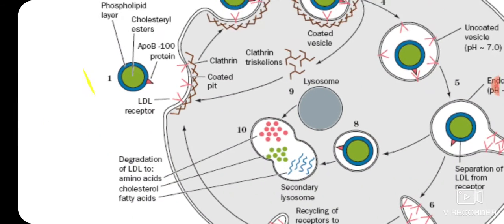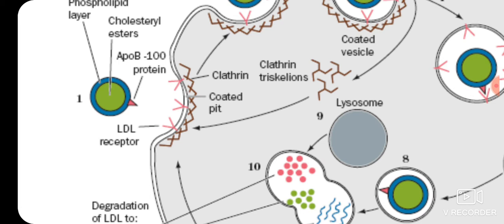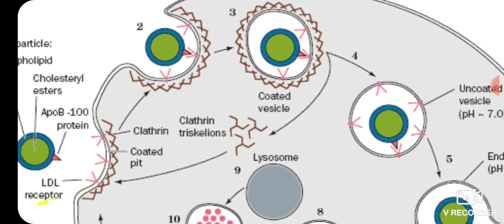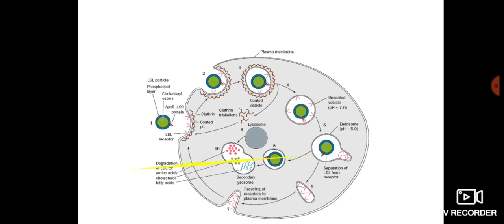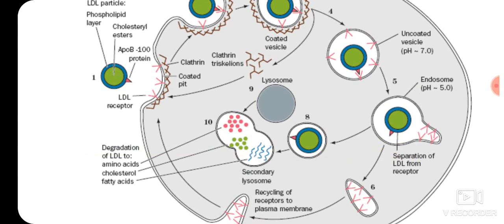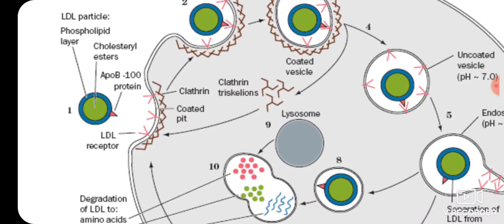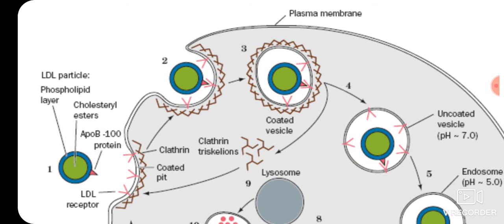You can see here the LDL carrying the B100 apolipoprotein interacts with the receptor, which is already present within the coated pit, or it may be present freely and then get transported into the coated pit. That is also possible. And once it binds with the coated pit, further there will be formation of a vesicle through clathrin polymerization.